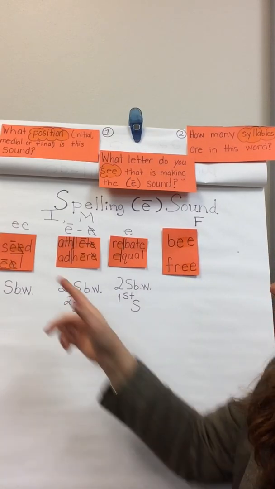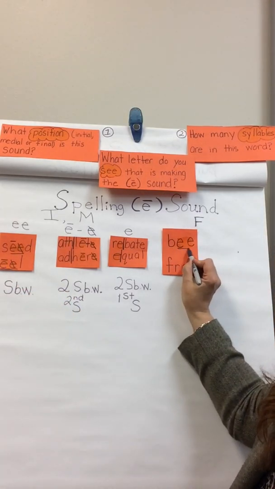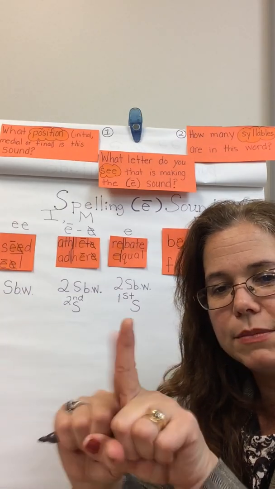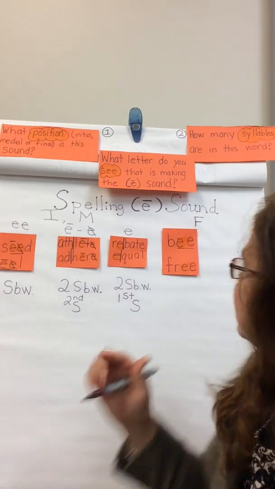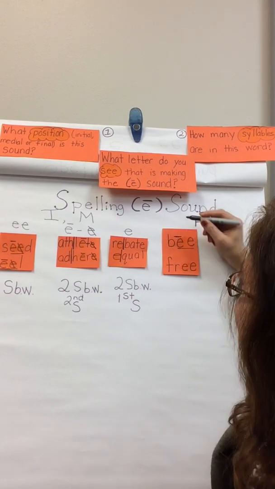And we've talked about digraph E-E before. A digraph is two letters that come together to make one sound. I hear my first E, so I'm going to put a macron on it to remind me it makes a long sound.